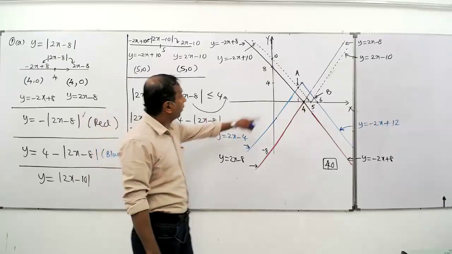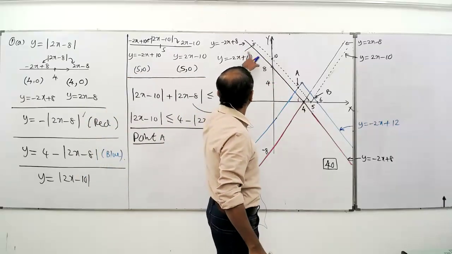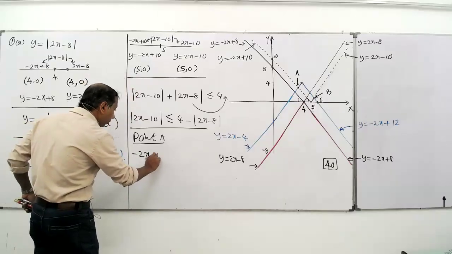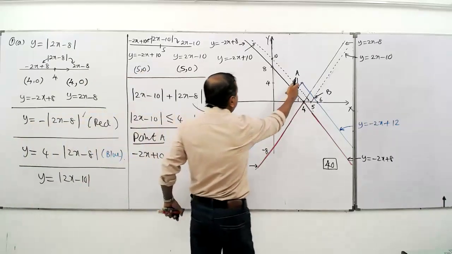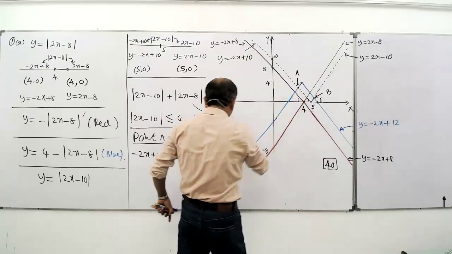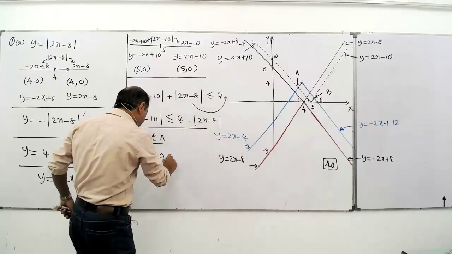Solving this equation, minus 2x plus 10, and this blue one, 2x minus 4.